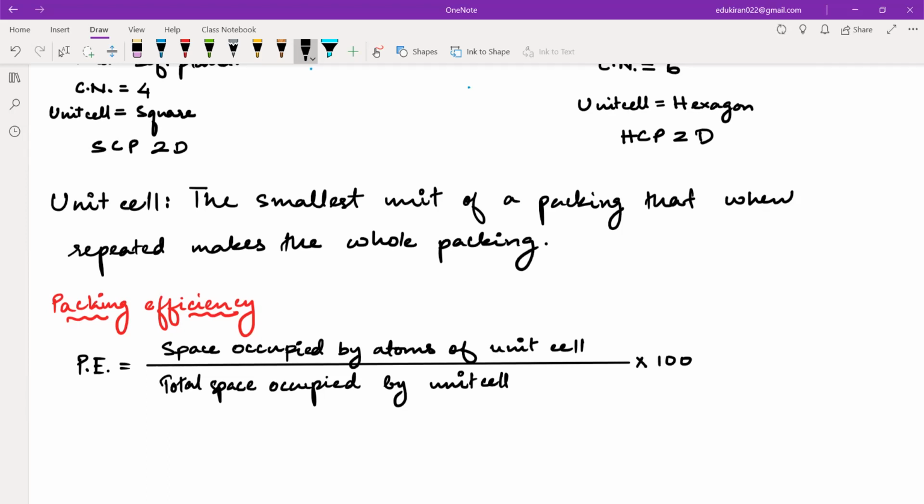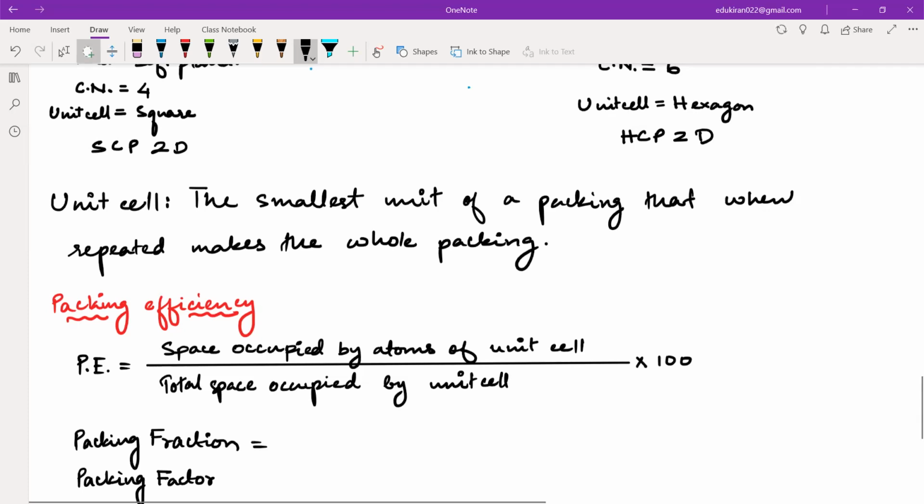There is another term similar to packing efficiency, known as packing fraction. Some books also refer to this as packing factor, atomic packing factor. If you remove the 100 from packing efficiency, you get the packing fraction.